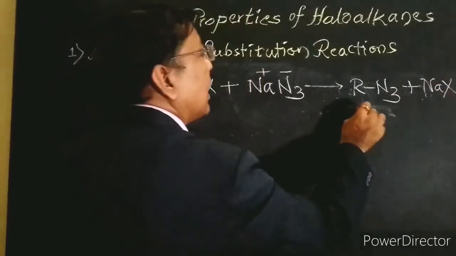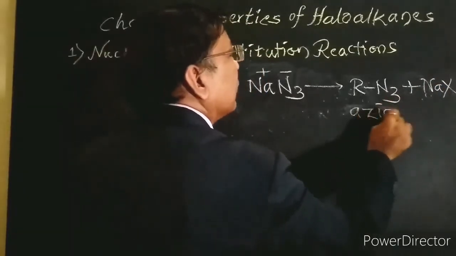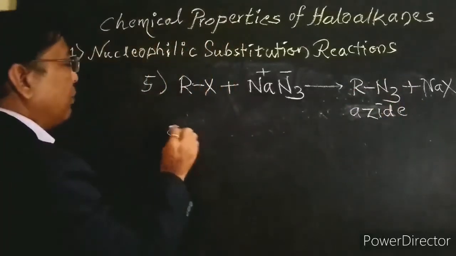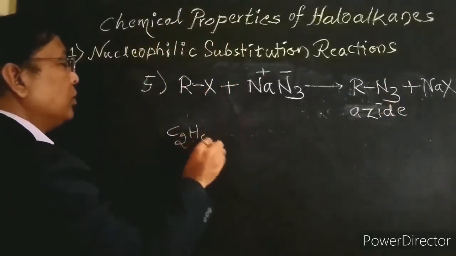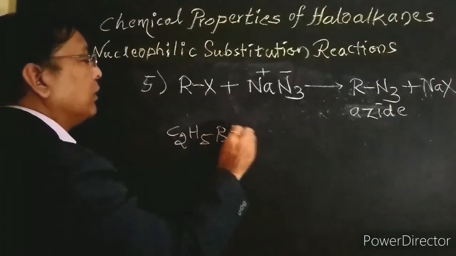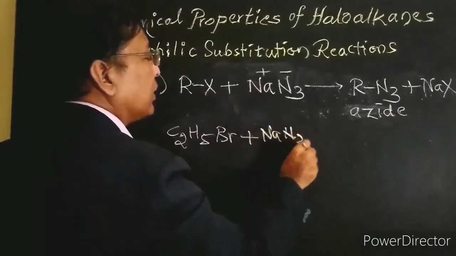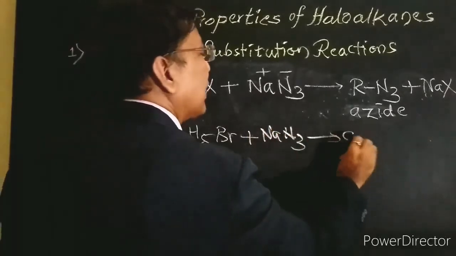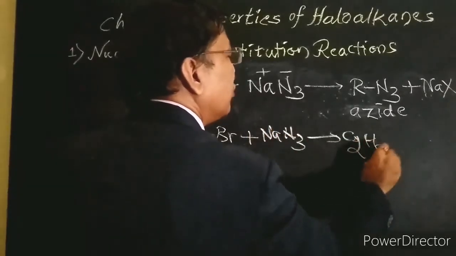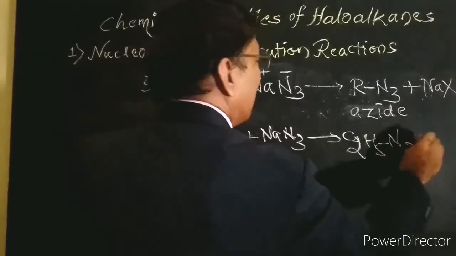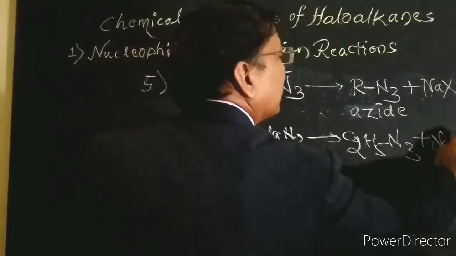This is called azide. If we take the example, ethyl bromide reacts with sodium azide NaN3, we get ethyl azide, that is C2H5N3 plus NaBr.